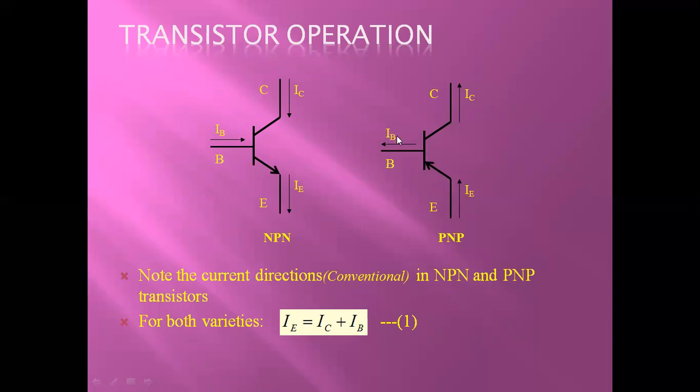Next, the recombination happening at the base junction generates the base current IB, and towards the collector it is IC. Similarly, in NPN conditions, we identify the overall current: emitter current is equal to the collector current plus base current. So the current obtained at the emitter is a combination of both the collector current and the base current.